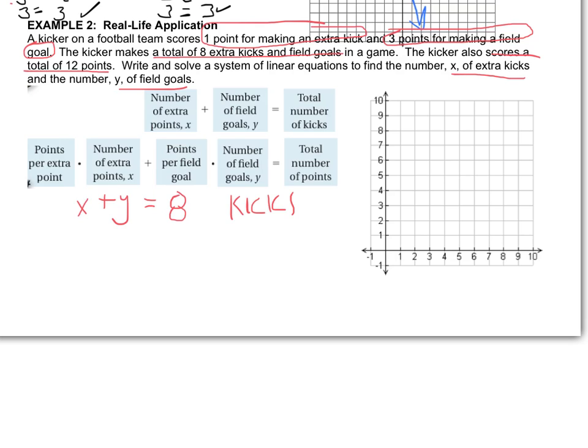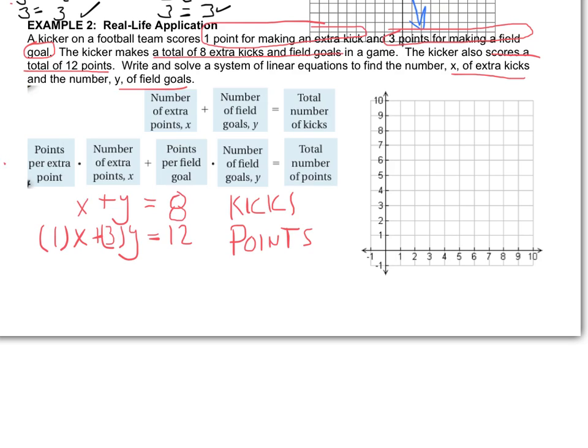The second one is looking at the points that this kicker got based on the kicks. What we know is that I get 1 point for each extra point, I get 3 points for each field goal, and that we had a total of 12 points.